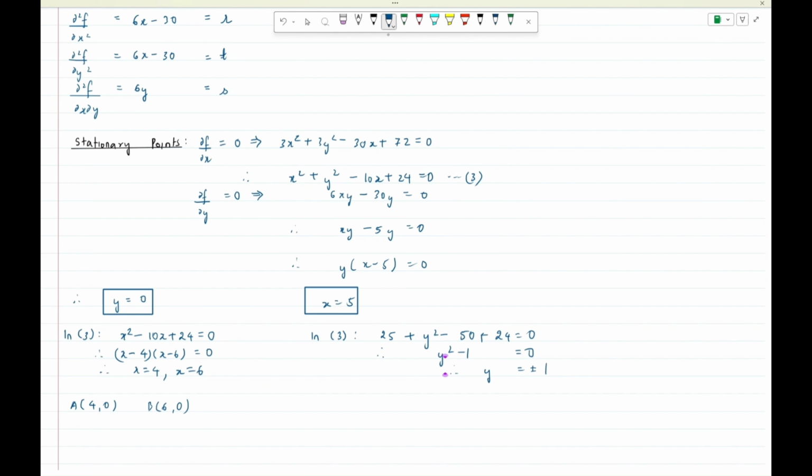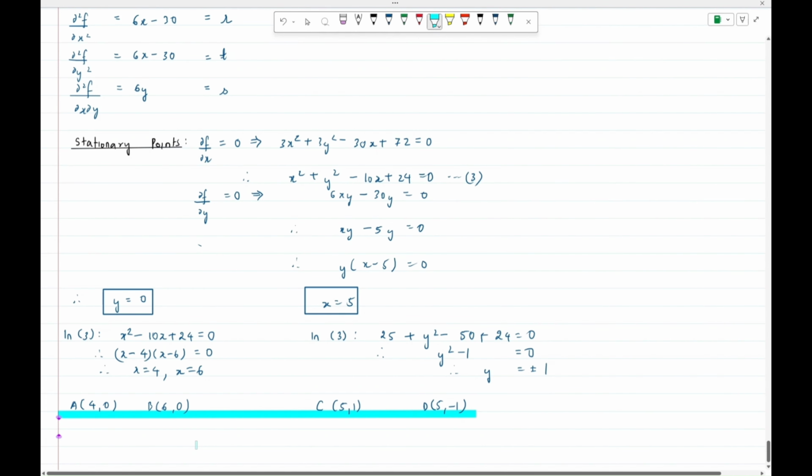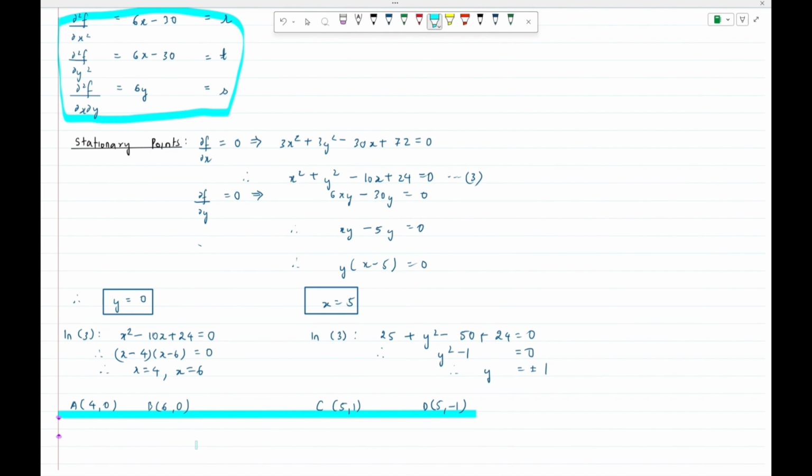So therefore another pair of stationary points are C, which is 5 comma 1, and D, which is 5 comma negative 1. And now we are going to use these 4 points, substitute these values in the second order partial derivatives, and decide whether these points form a saddle point or points of maxima or minima.